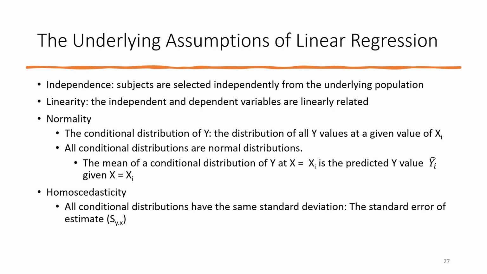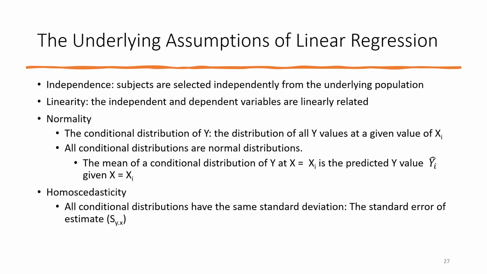Similarly, if another 35 students scored 71 on test 1, their scores on test 2 form the conditional distribution of y given x equals 71. Simply put, for each x value, there is a conditional distribution of y.